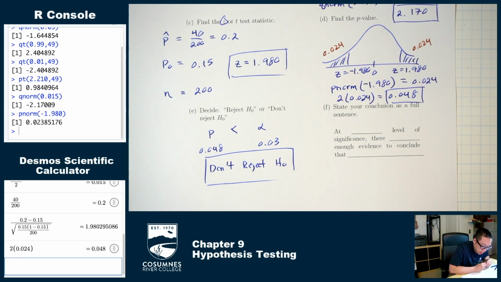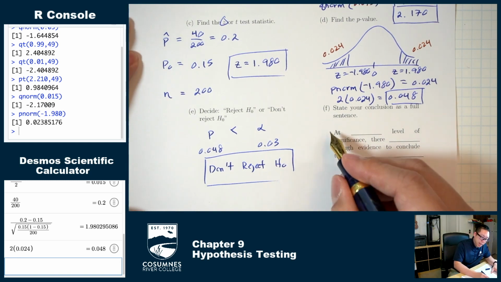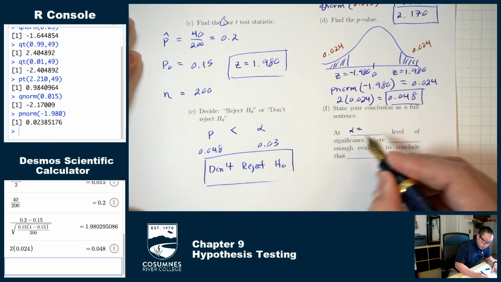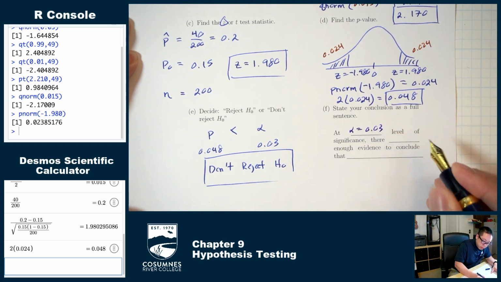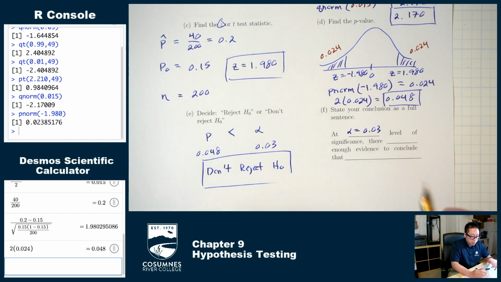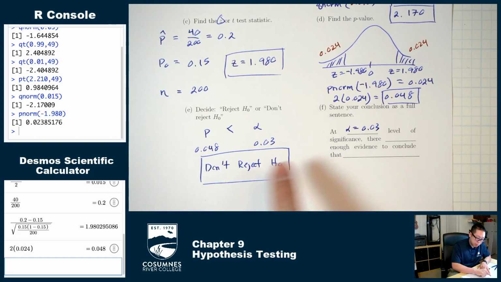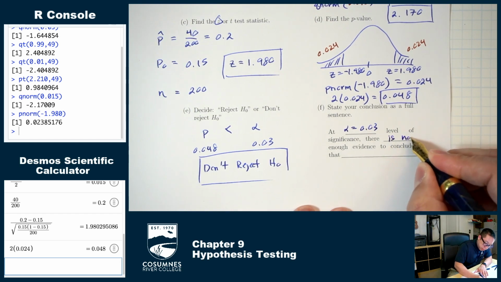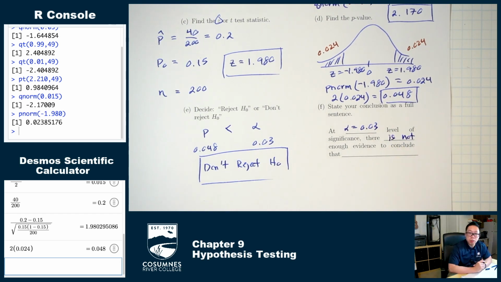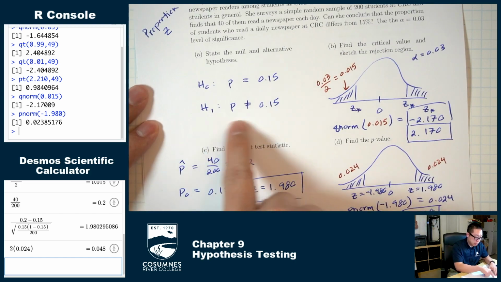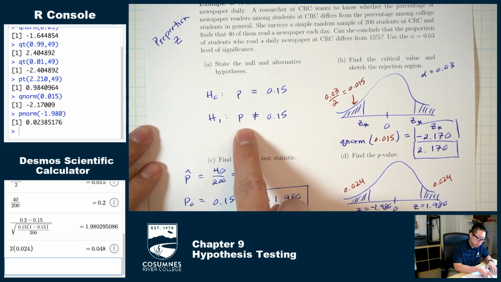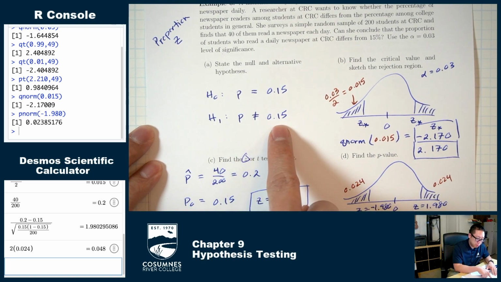Part F. State your conclusion as a full sentence, at alpha equals, it was 0.03, level of significance. So if you did not reject, there is not enough evidence to conclude that, and then state the H1 here, which is that the proportion is not 15%.